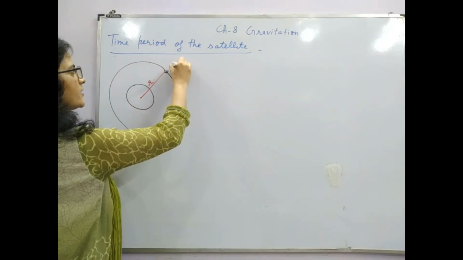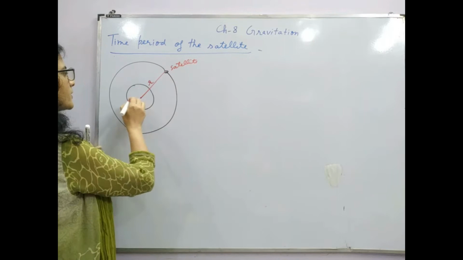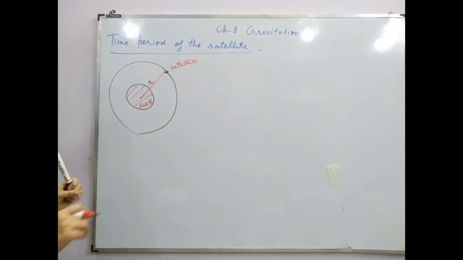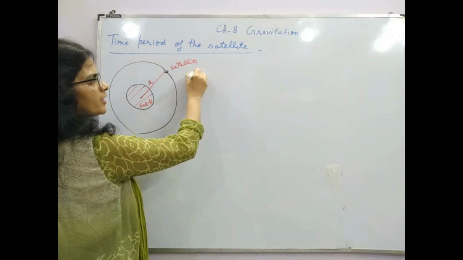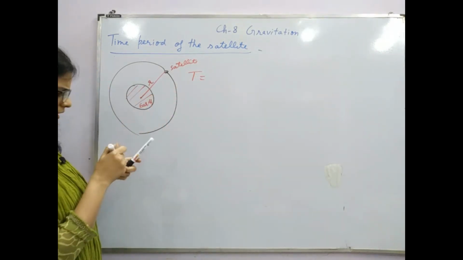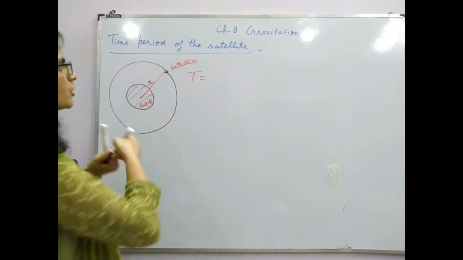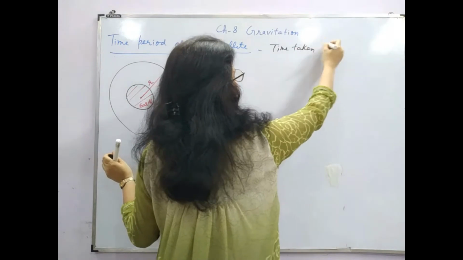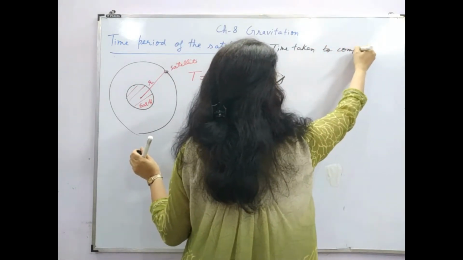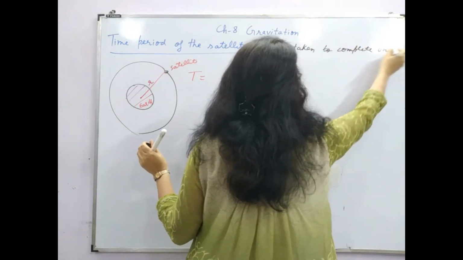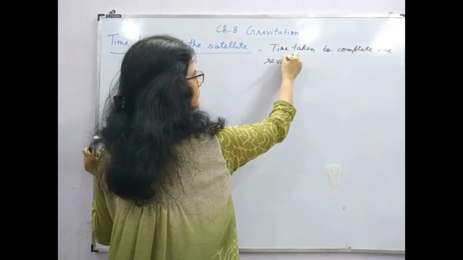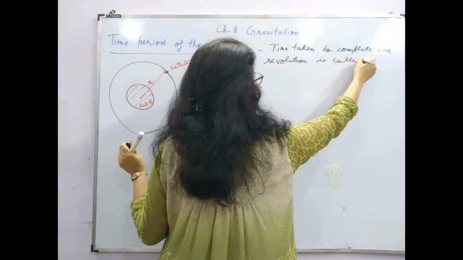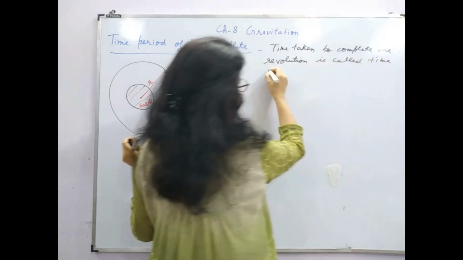This is the satellite and this is your Earth, right? So what will be the time period of the satellite? What is time period actually? Time taken to complete one revolution is called the time period of a satellite.